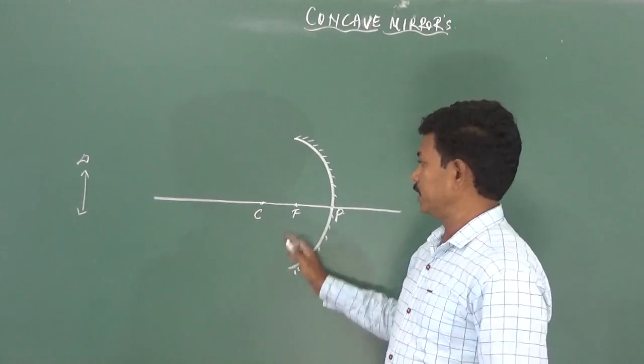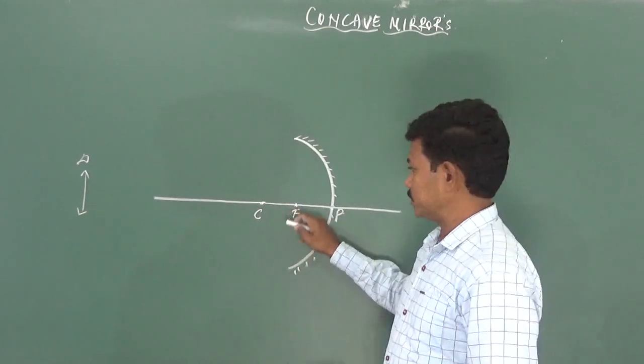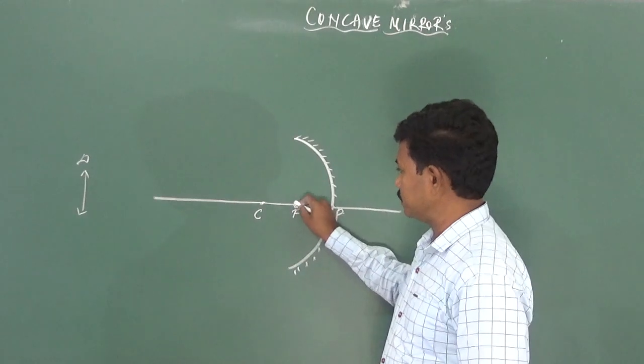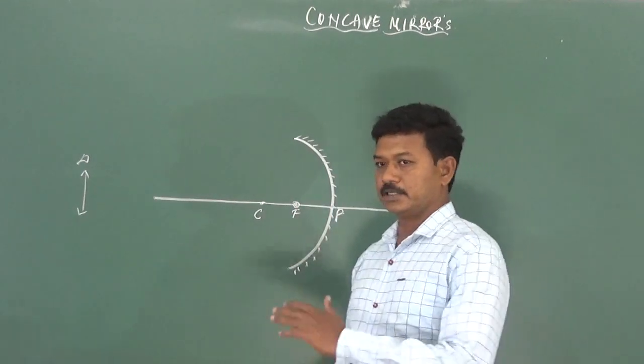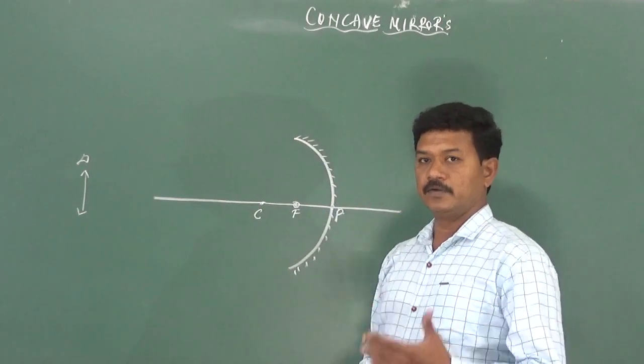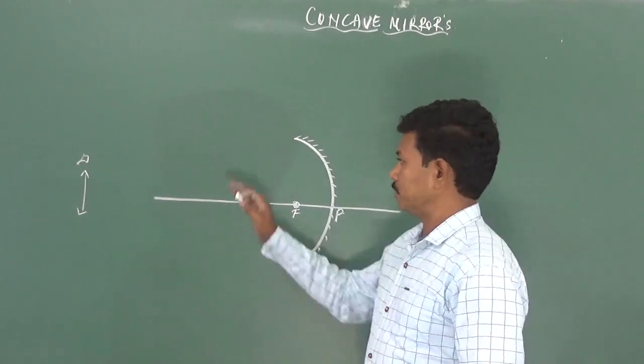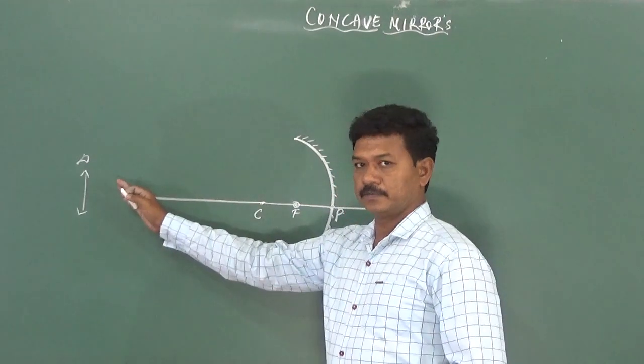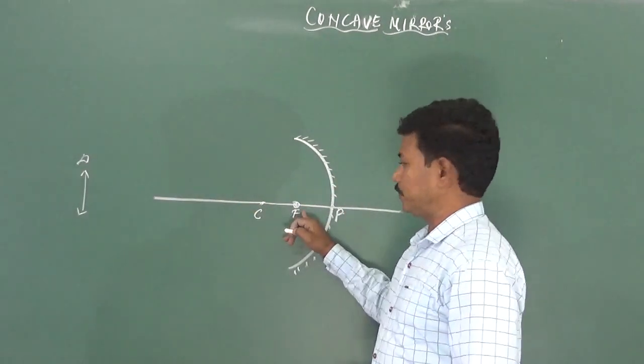Particularly the image is formed at the focus. So this was the ray diagram. I am not going to write all the ray diagrams here, I will just give you a bird's eye view. When the object is placed at infinity of the mirror, the image will be formed at the principal focus.